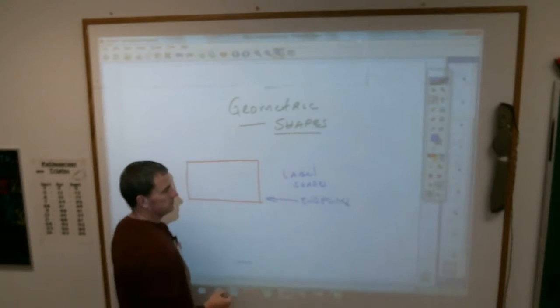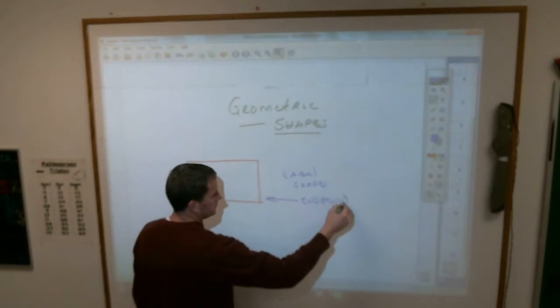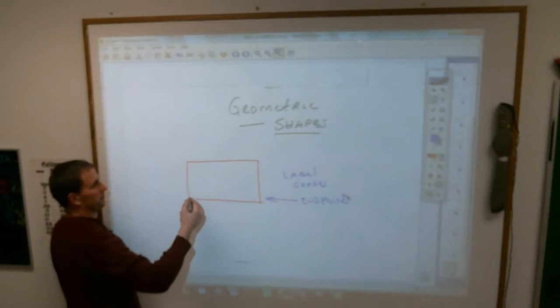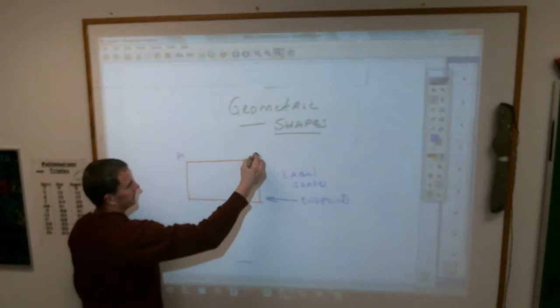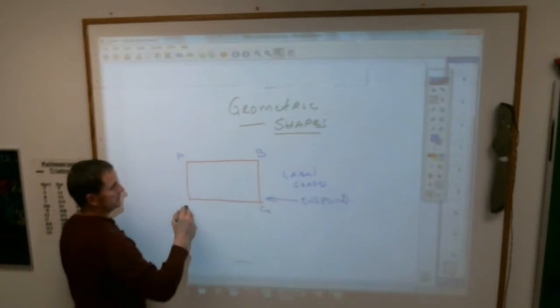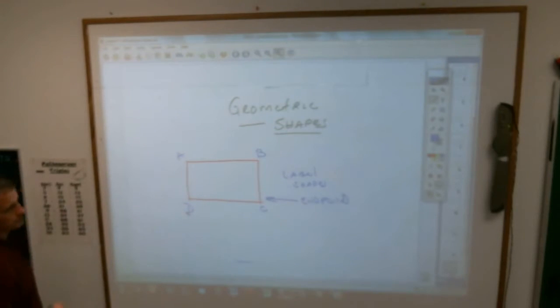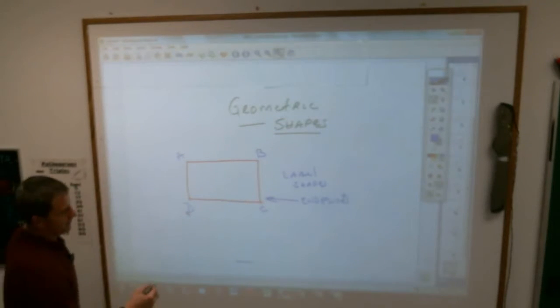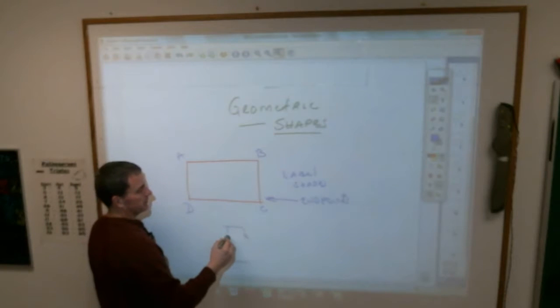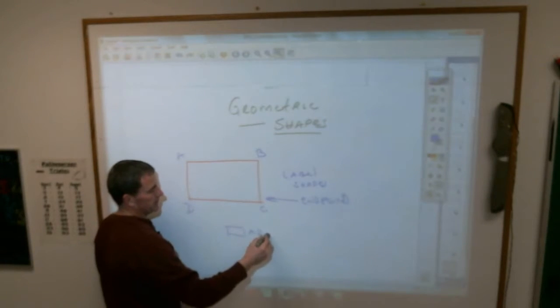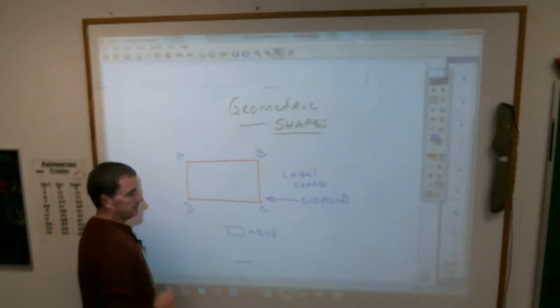So for example, the book will, as will most people, instead of just putting these points here, they'll say A, B, C, D. And you would call this rectangle ABCD.